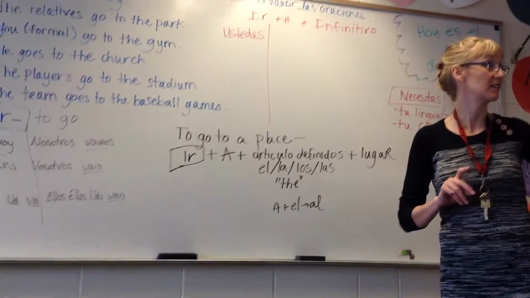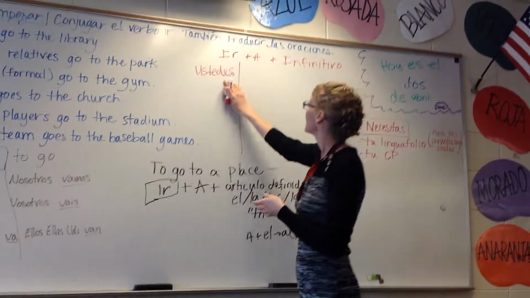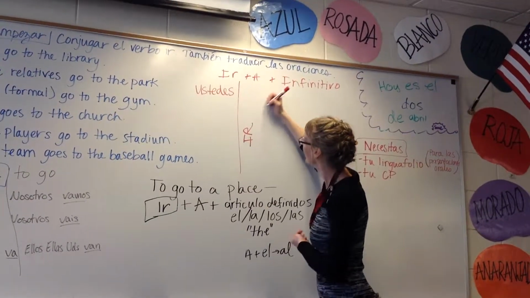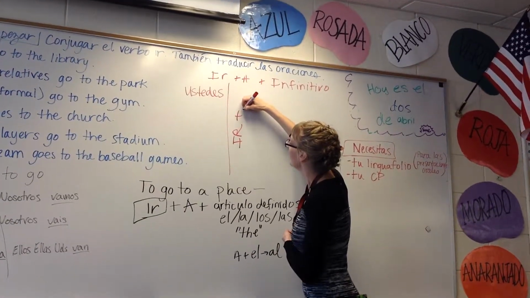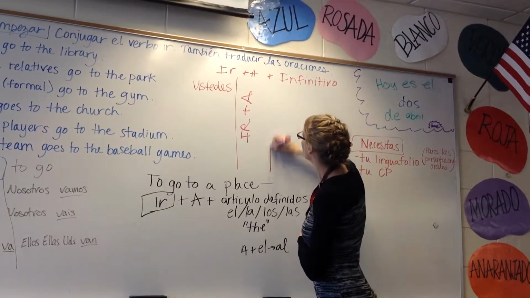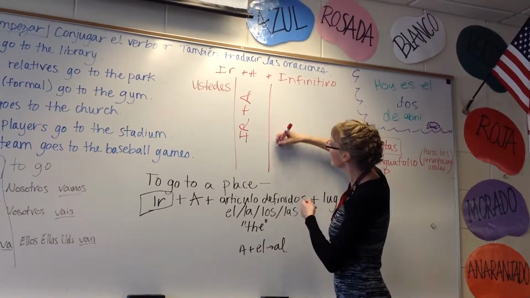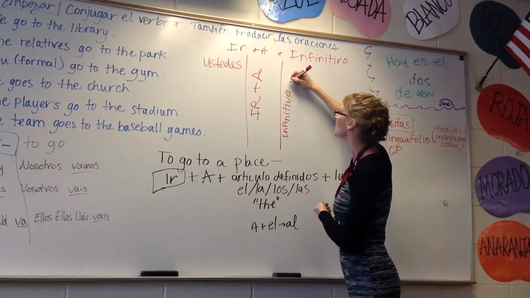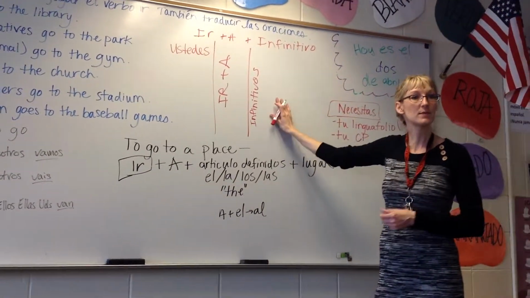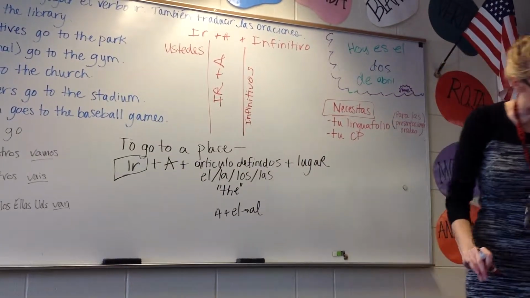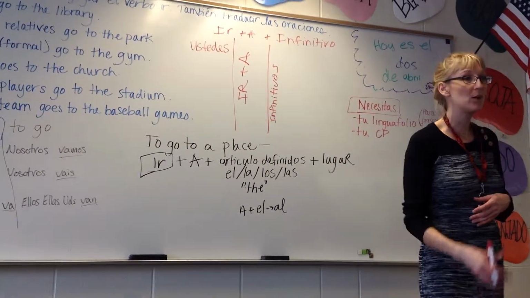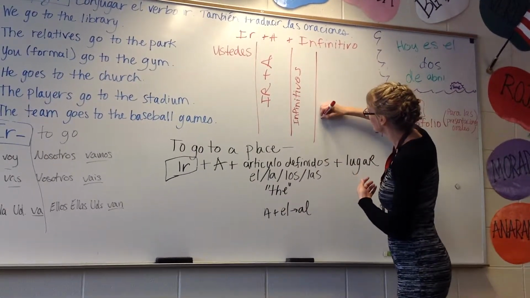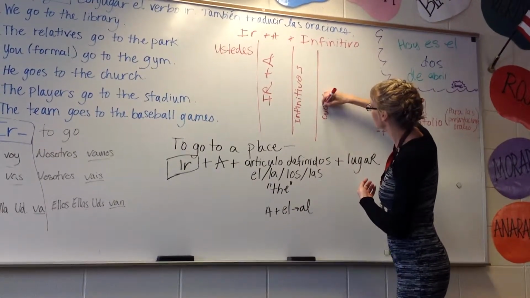The ir part. Ustedes, you need to conjugate a form of the verb ir plus what? Then they give you infinitivos. They give you different actions that you're going to do. So that's going to be your infinitivo. And what's the last thing that they give you? A time, or when you're doing it. The last thing that they give you is cuando, when you're doing each of these actions.